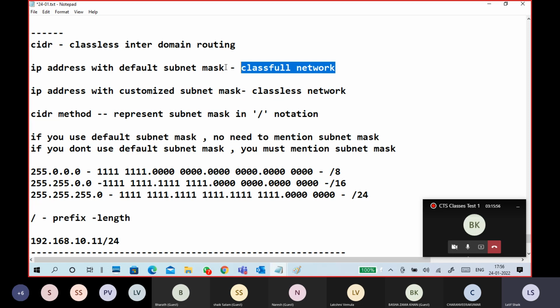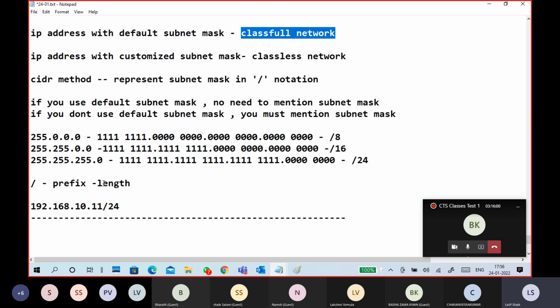If you use the default subnet mask, it is a classful network. If you write an IP address and you don't mention the subnet mask, it means it's a classful network with the default subnet mask.